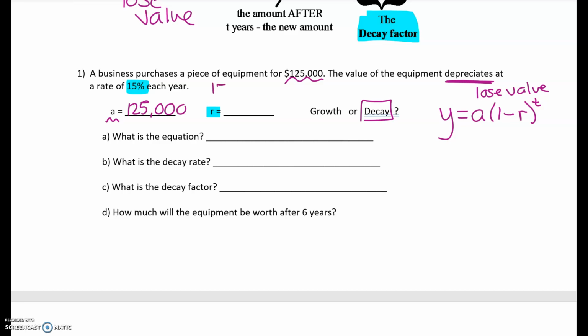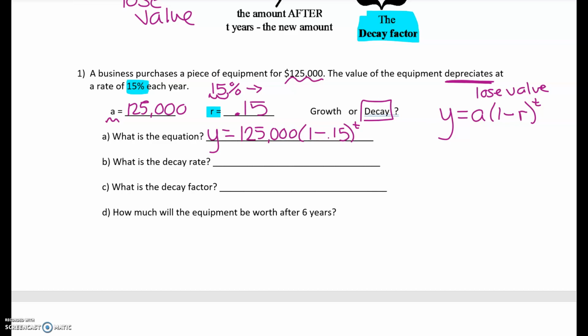So 15% written as a decimal, we're going to move the decimal 2 places to the left, so we get 0.15. So let's write out the equation when we fill in that a and the r. We have y equals 125,000 times 1 minus 0.15 raised to the t power.